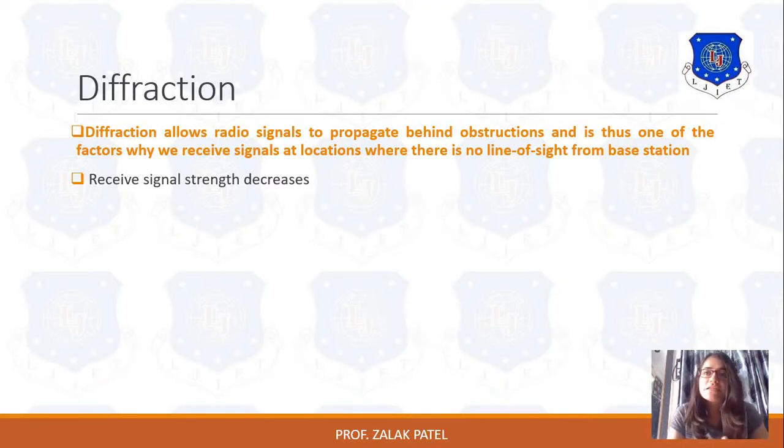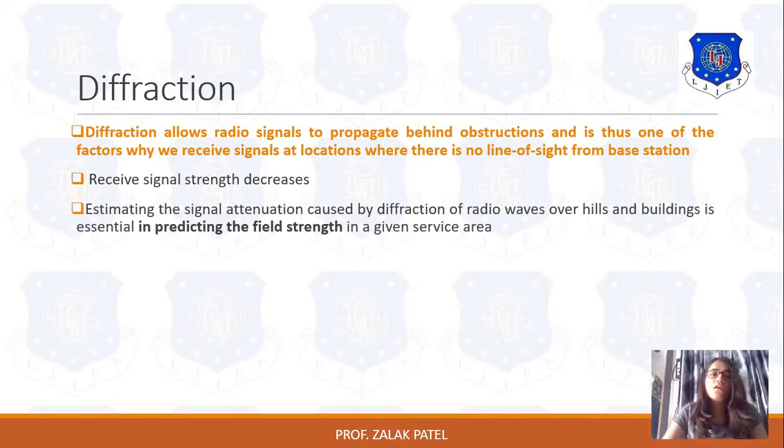Because of the signal strength decrease, the performance of any propagating ray also decreases. It is also used to predict the field strength. One can predict the field strength, meaning the value of the E vector or H vector can be found out by the diffraction model.